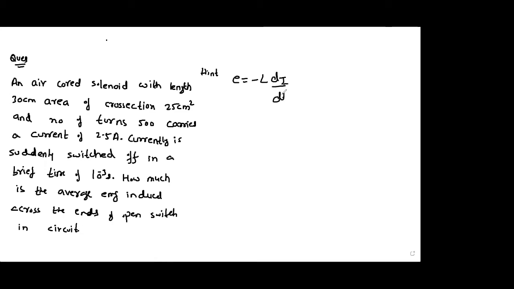You have enough data to calculate di over dt. So this is your initial current. Your final current is 0 because the switch is off. The time is 10 raised to minus 3. Instead of di over dt, you can write this as delta I over delta T.